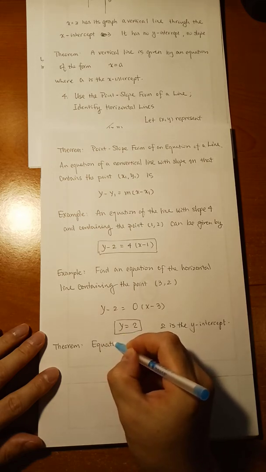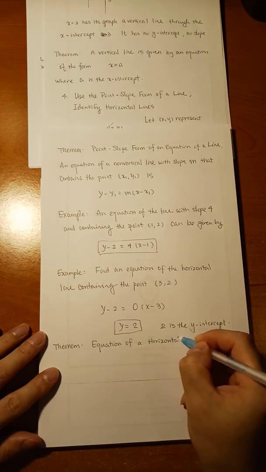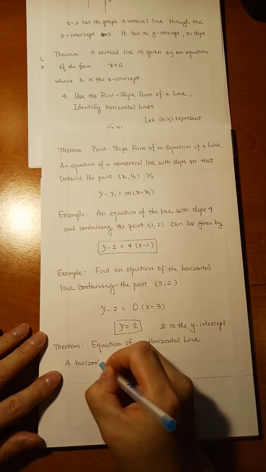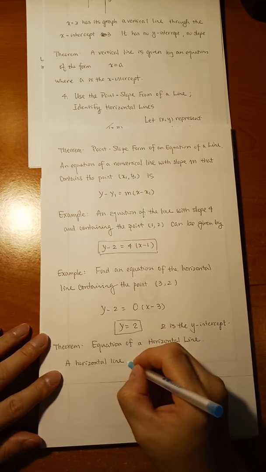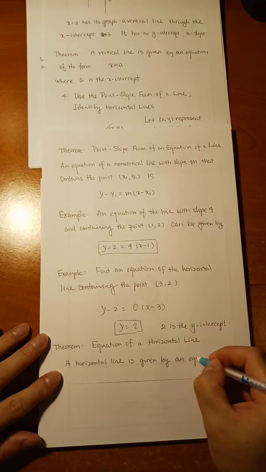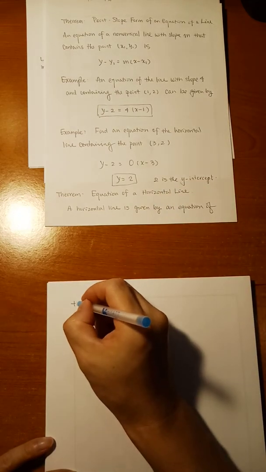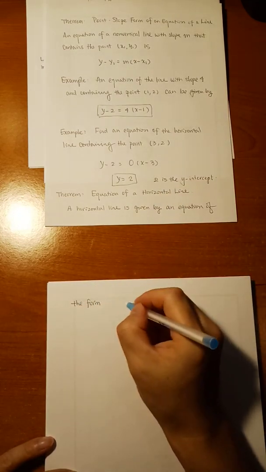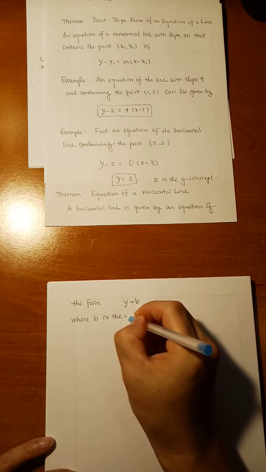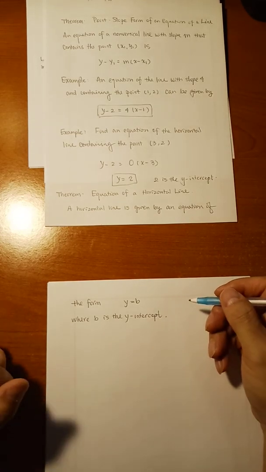Equation of a horizontal line: a horizontal line is given by an equation of the form y equal to b, where b is the y-intercept.